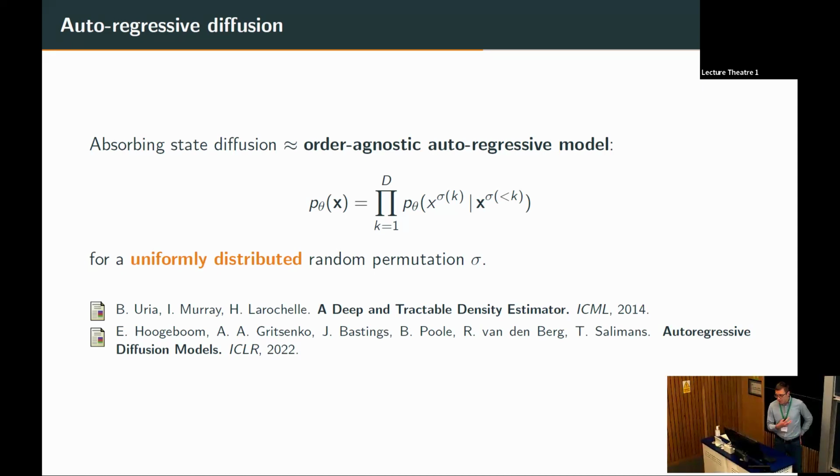And in these order agnostic autoregressive models, we then try to learn these conditional distributions for essentially any conditioning, so that we could have an arbitrary permutation here and still simulate this using an ancestral sample in one coordinate.